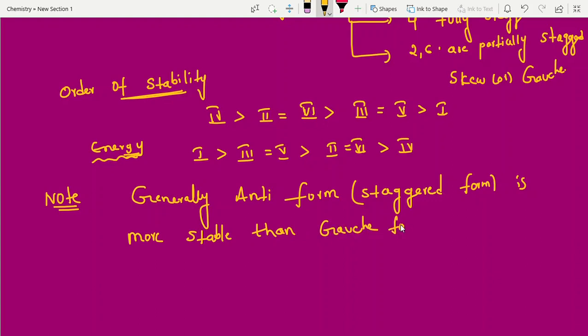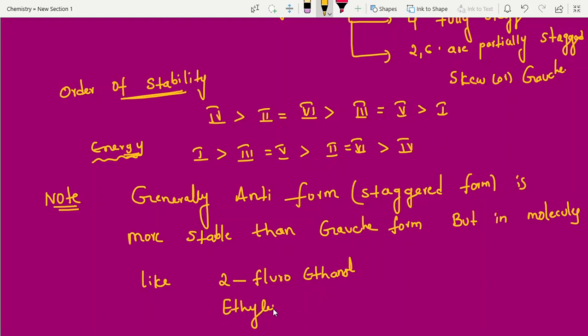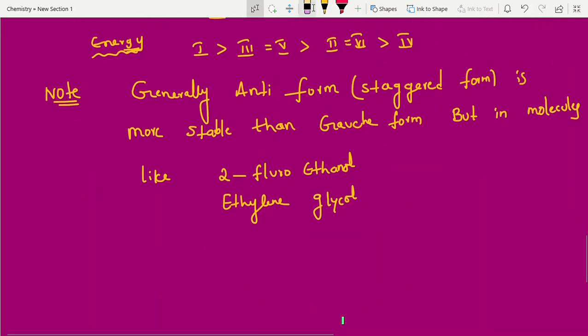In between staggered and eclipsed, one more form will come, no? That form we call skew form or Gaussian form. But in molecules like 2-fluoroethanol, ethylene glycol, and some amino groups also, it shows Gaussian form is more stable.